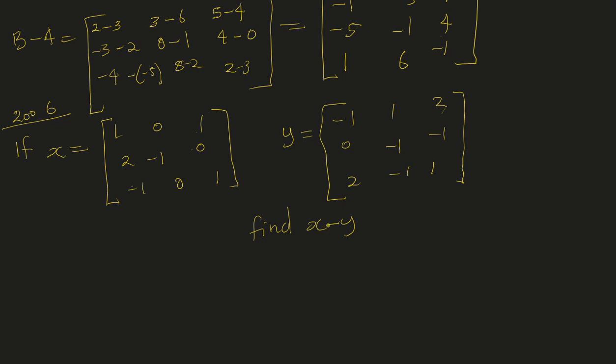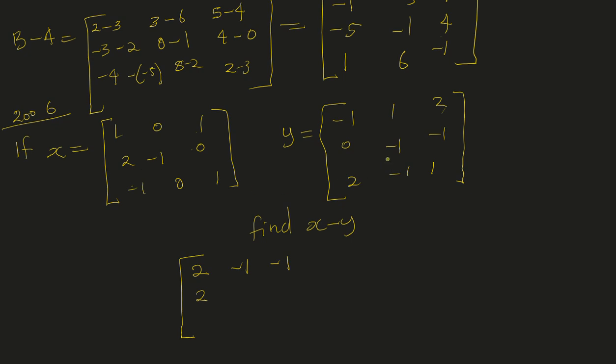Yes, x minus y. So what's x minus y? We can just move straight to the point from what we did earlier. 1 minus minus 1, that is 2. 0 minus 1, that is minus 1. 1 minus 2, that is minus 1. 2 minus 0, that is 2.